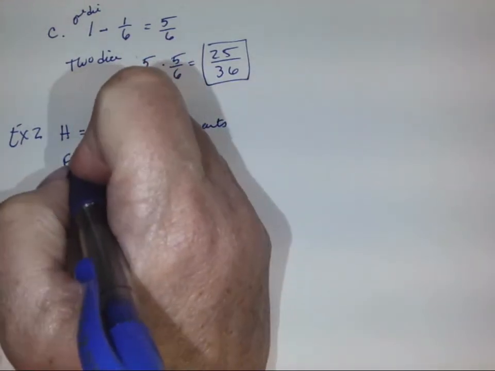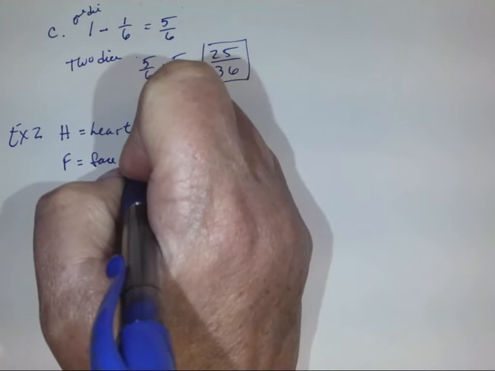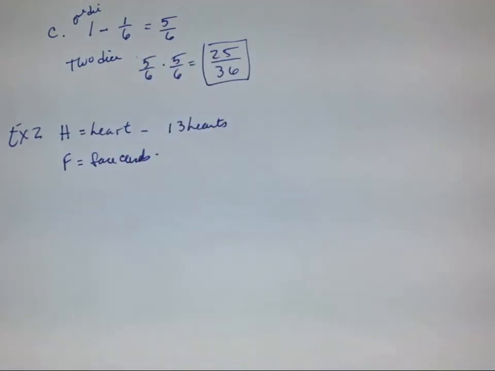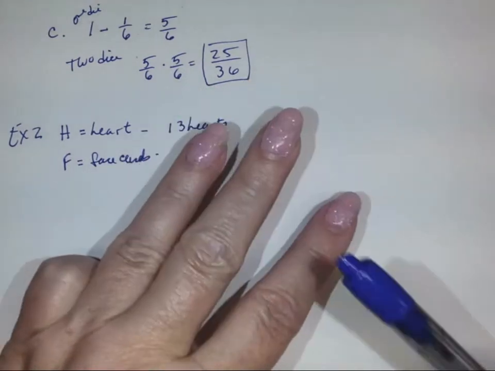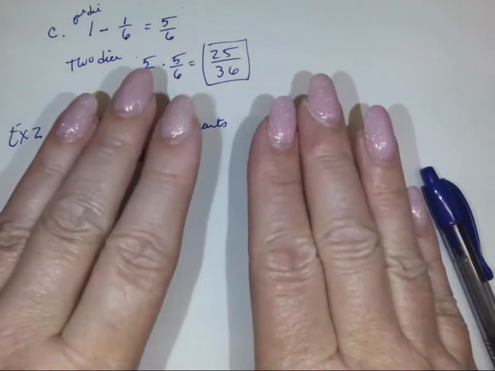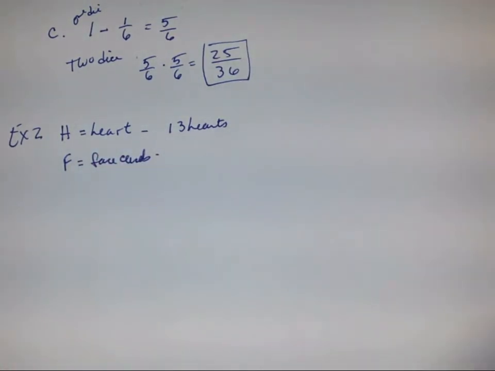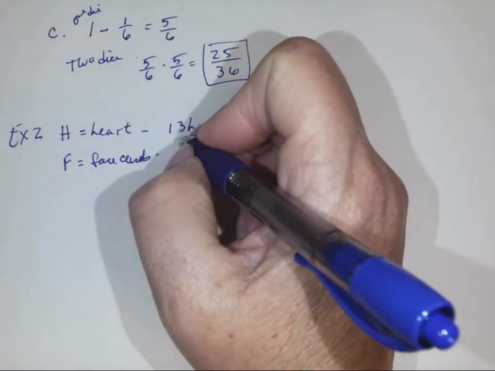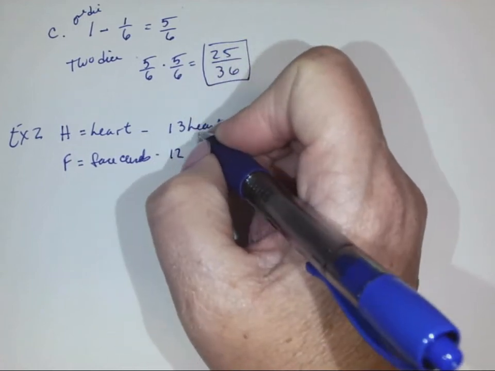Now we're going to use F to equal face cards. So for each of the suits, there are 3 face cards. There's a Jack, a Queen, and a King. And there are 4 suits. So if we take 3 times 4, we are going to get 12. So there will be 12 face cards.